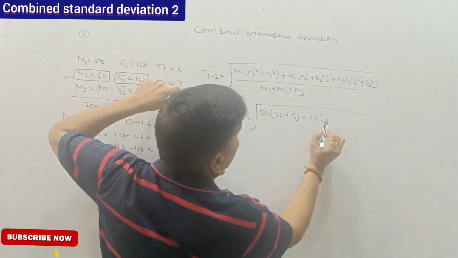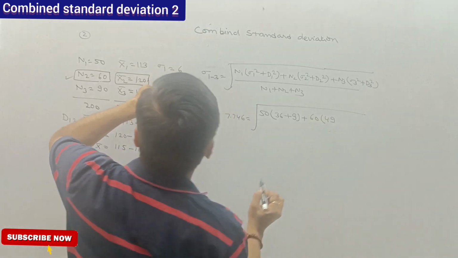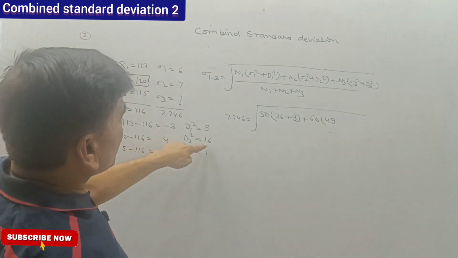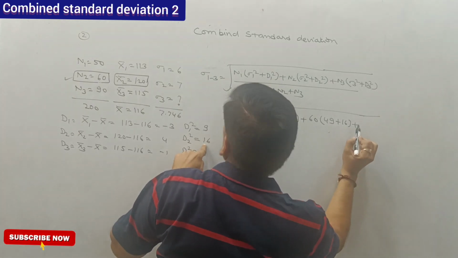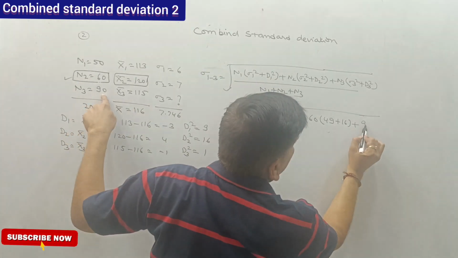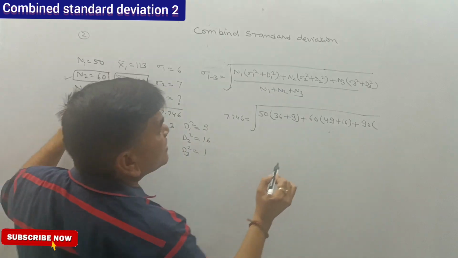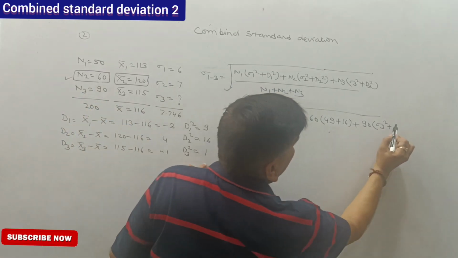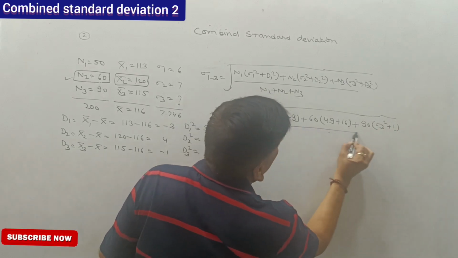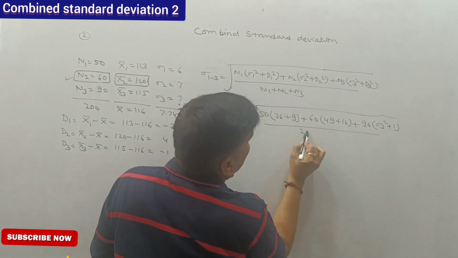Standard deviation 2 square is 49, d2 square is 16. Value of N3 is 90. Standard deviation 3 is not given, but d3 square is 1. Divided by N1 plus N2 plus N3, which is 200.